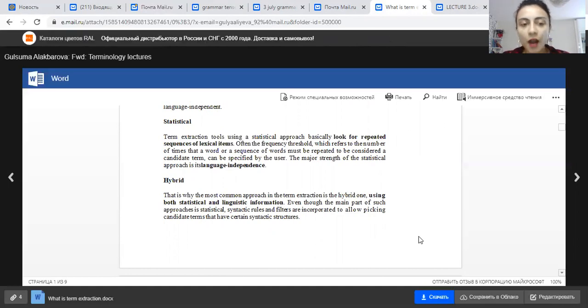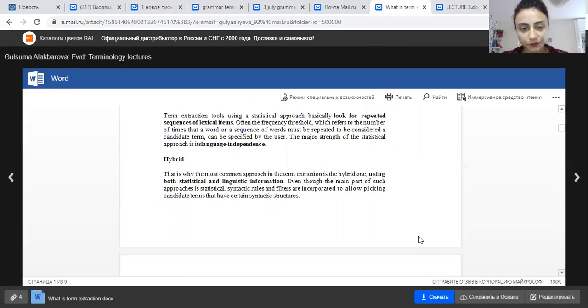With the help of the hybrid approach, we can learn more information. Of course, if you combine two approaches, you can get additional data about both statistical and linguistic information. Of course, this is more productive.